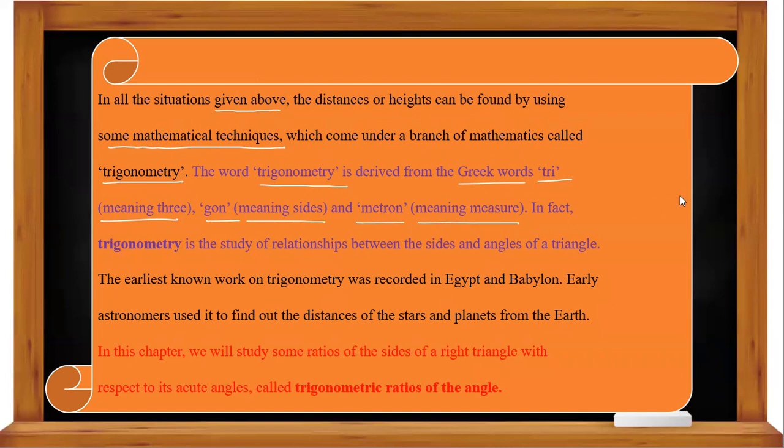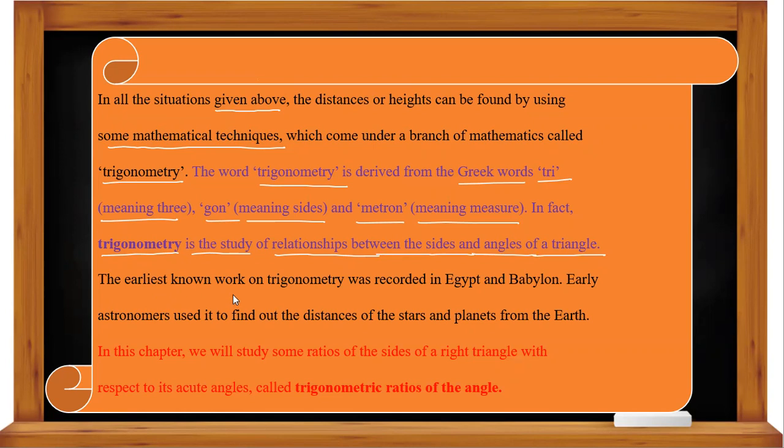So in all, the meaning of the word trigonometry is three sides measurement. In fact, trigonometry is the study of the relationship between the sides and angles of a triangle.